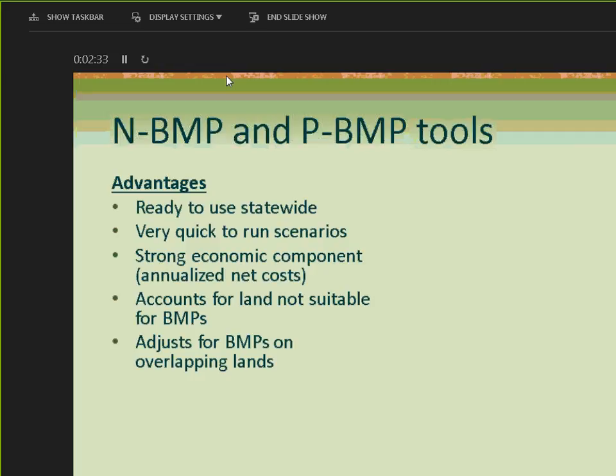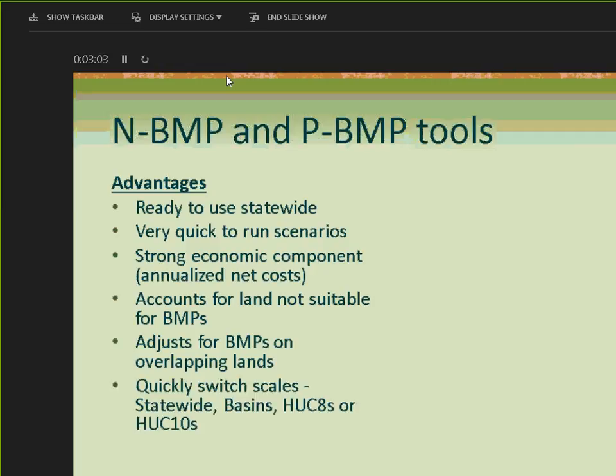It adjusts for BMPs on overlapping lands, for example, riparian buffers and wetland construction. Sometimes you might say, well, the best land for the wetland construction is then the riparian buffer. So what it does is it accounts for that and takes the least cost BMP and puts that as the top priority and uses that land first.